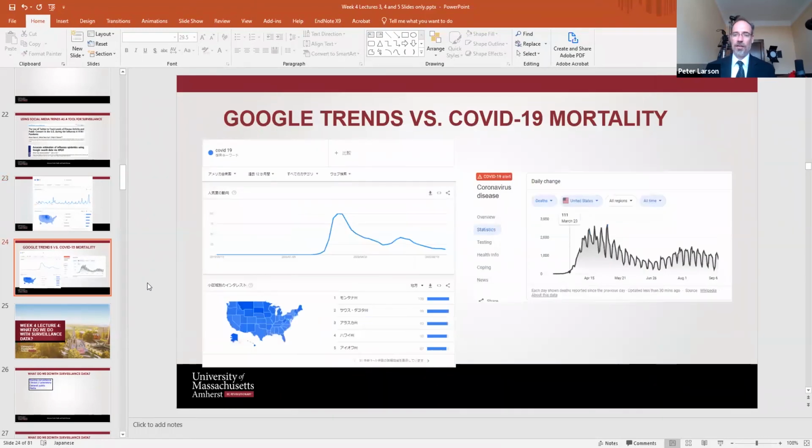When we look at COVID-19, we can look up people searching for COVID-19, and here we go, hump, goes down, hump here. And then when you look at COVID-19 mortality, hump here, hump here. So same sort of pattern. People are searching for the things that they're concerned about based on the things that are happening around them.